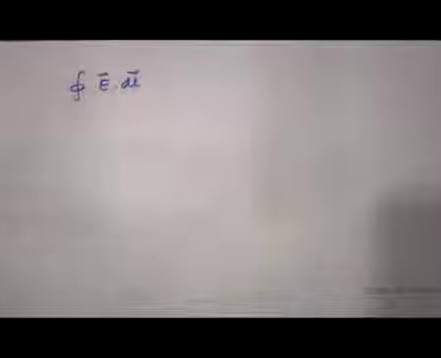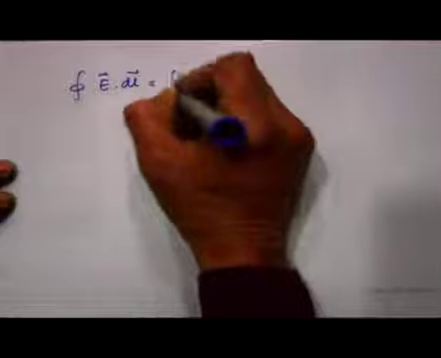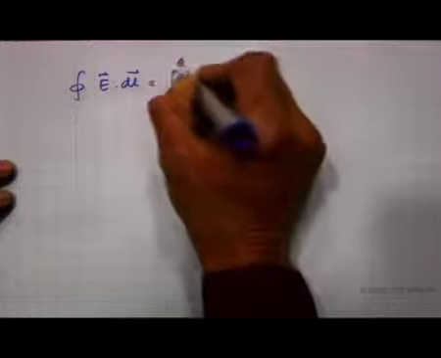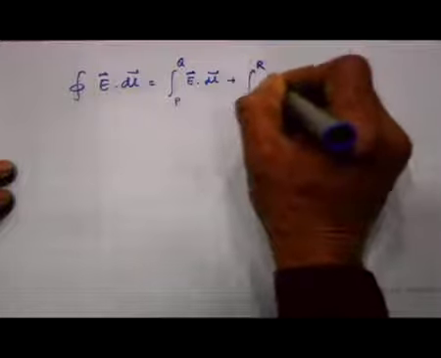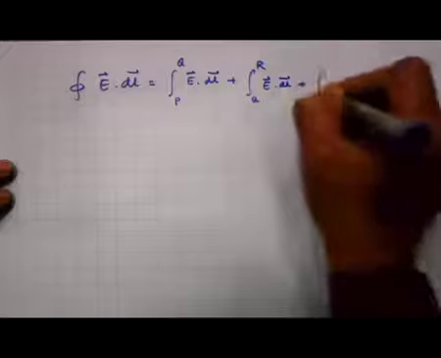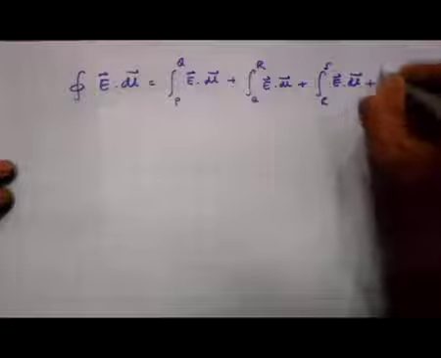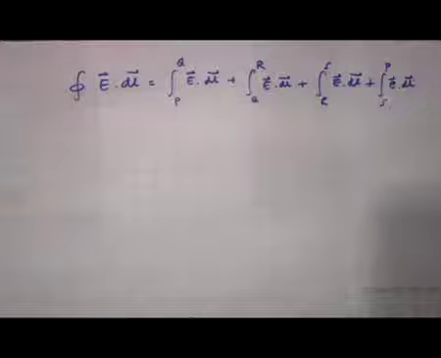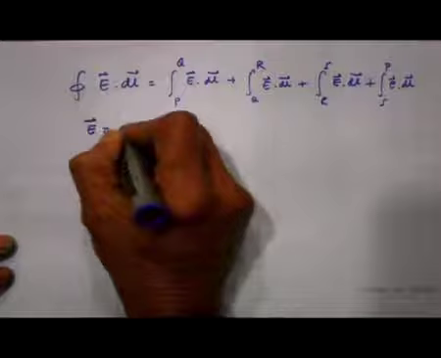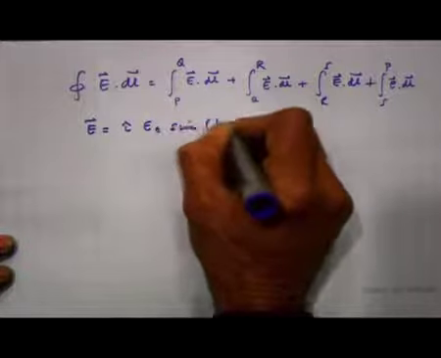So, look at the path here, the path I am taking is P Q R S. So, this will be equal to integral P to Q E dot dl plus integral Q to R E dot dl plus integral R to S E dot dl plus integral S to P E dot dl. And I know the electric field was given by i cap E naught sin(kz minus omega t).